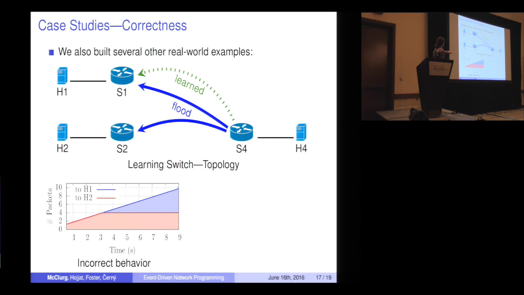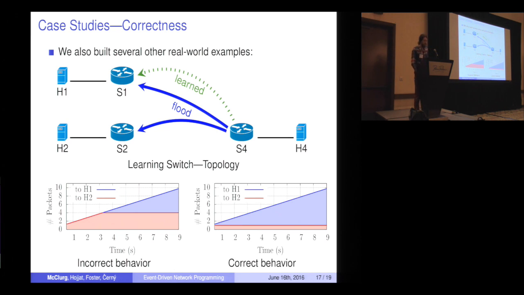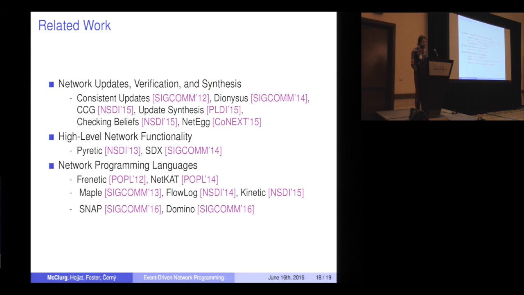In the correct implementation, we expect only one packet to be flooded along these blue paths, and then the program should immediately switch after that to this learned path. In the incorrect implementation, again, we see 4 packets flooded before actually learning. In the correct implementation, there's only 1 packet.